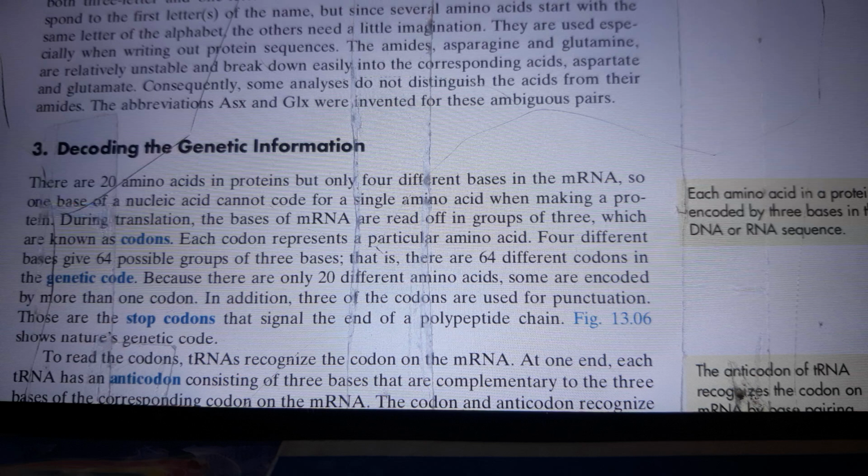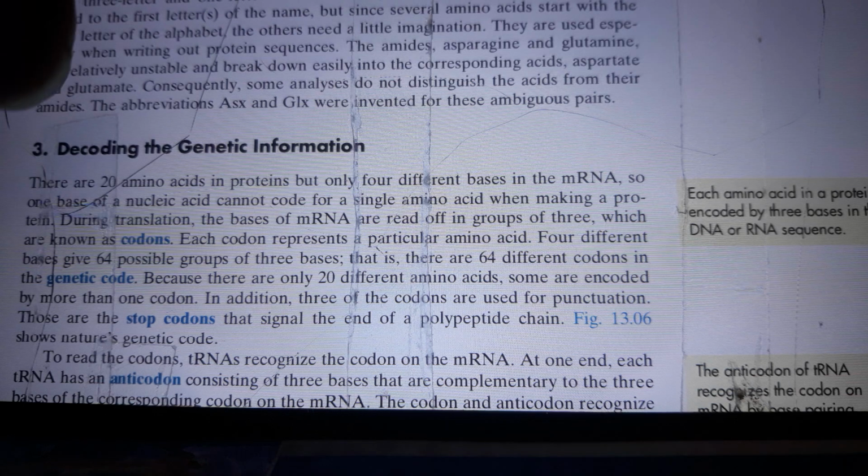The amides, asparagine and glutamine, are relatively unstable and break down easily into the corresponding acids, aspartate and glutamate. Consequently, some analyses do not distinguish the acids from the amides. The abbreviations ASX and GLX were invented for these ambiguous pairs, right? Those that have similar letters and cannot be deciphered, we use the abbreviations ASX and GLX.